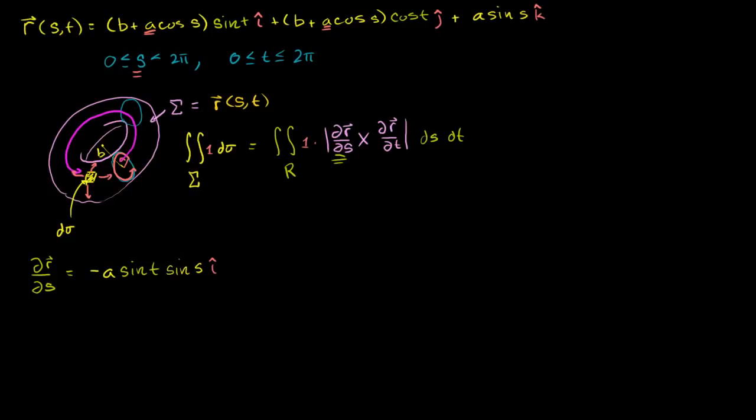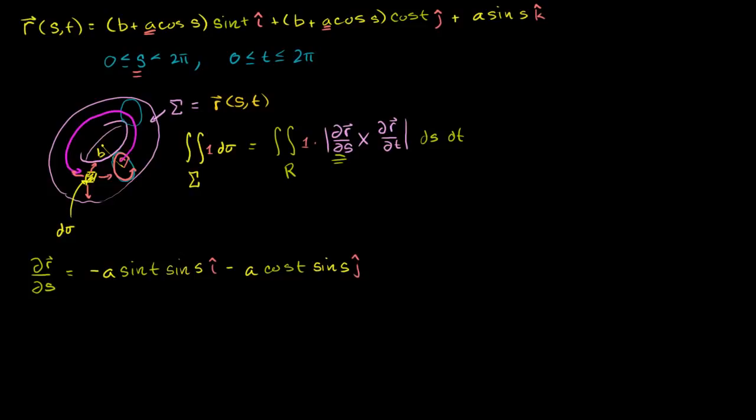And then we'll do the same thing with the y term, or the j term. So plus, same logic, b times cosine of t with respect to s just becomes 0. So you're left with a minus a again, because the derivative of cosine of s is negative sine of s. So you have minus a cosine of t sine of s j.